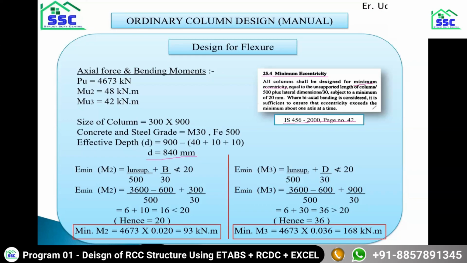So the code is saying that you can consider minimum eccentricity about one axis at a time. There is no need to consider it about both the axes simultaneously.